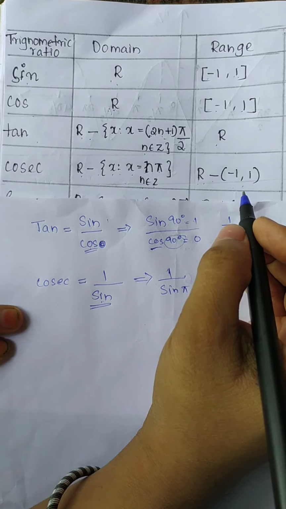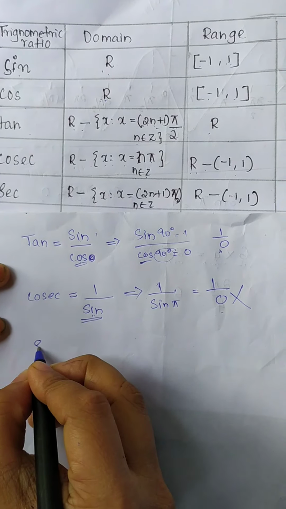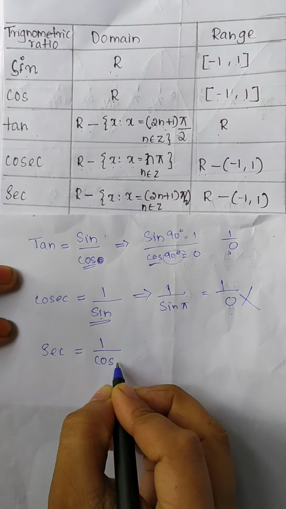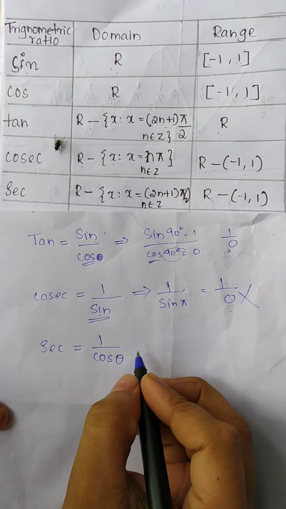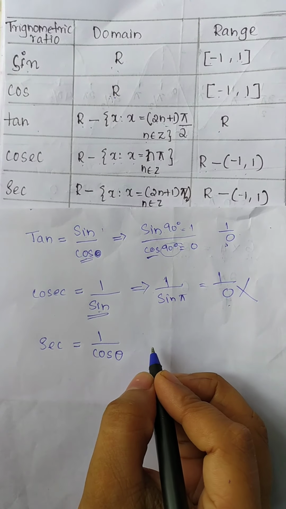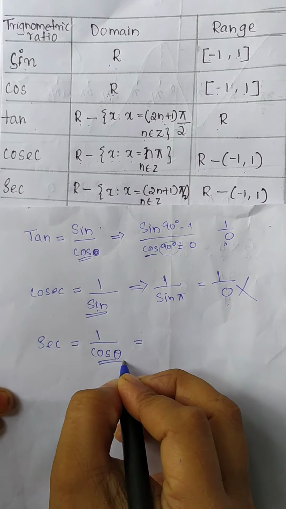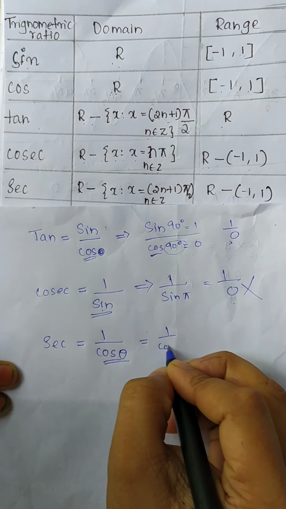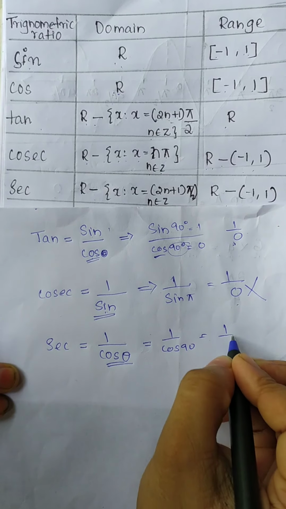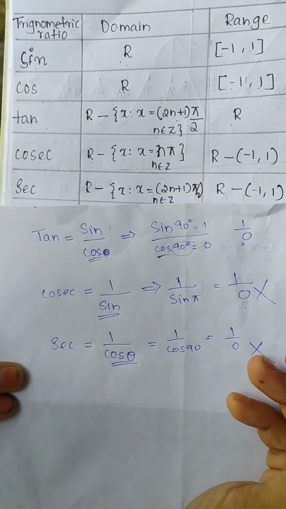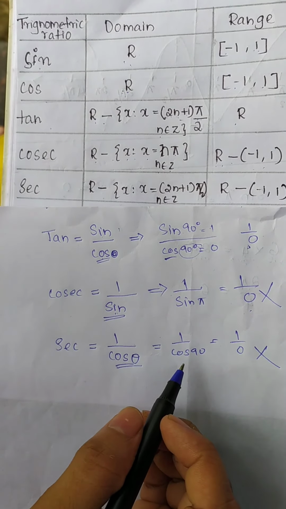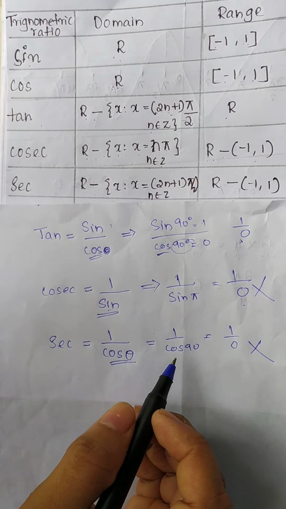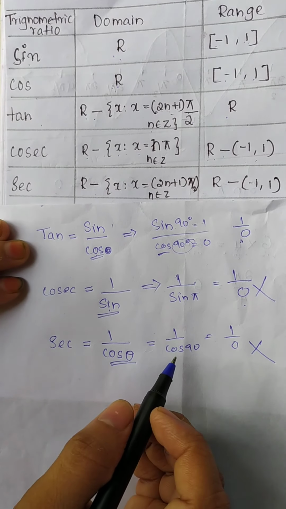Then what is the case of the sec function? Sec is the inverse of the cos function, 1 by cos. Here, when the cos function becomes zero, that is 1 by cos 90, then in this case it is 1 by 0. This function does not exist. So we have to subtract such values where cos is equal to 0.